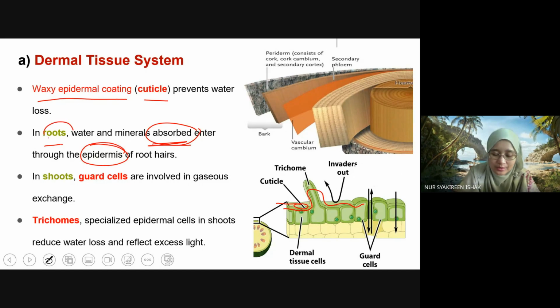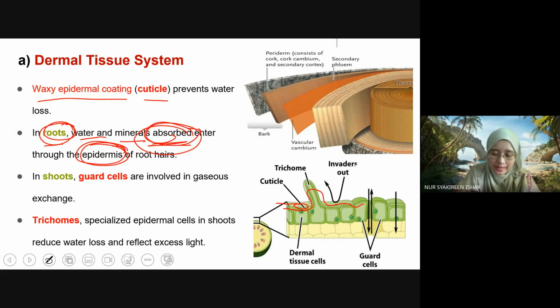In the roots, the function of the epidermis, the outer layer of the roots, is to absorb water and also minerals. Kalau dekat bahagian atas, contohnya juga seluruh tumbuhan secara generalnya sebagai protection, first line defense. Specifically in the roots is to absorb minerals and also water.